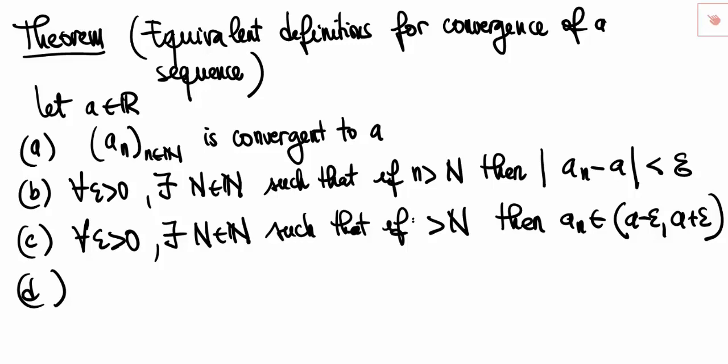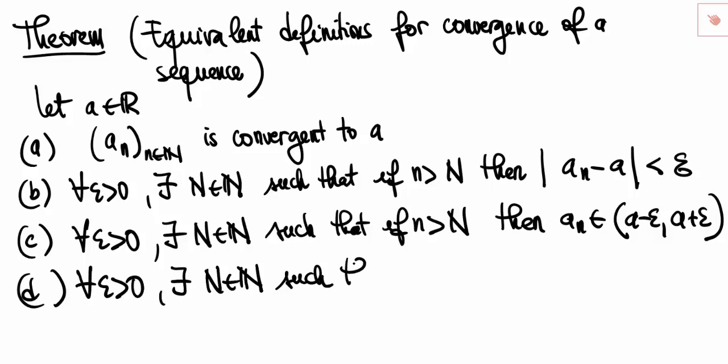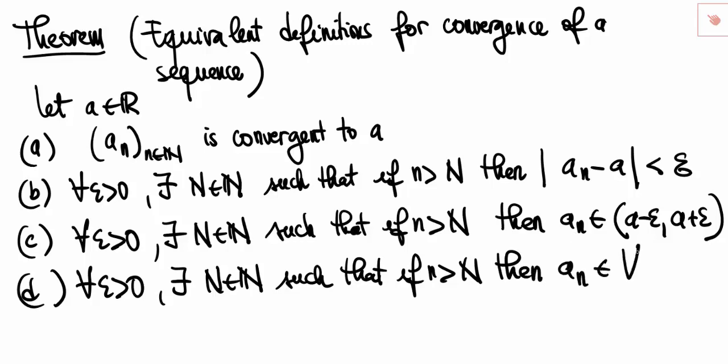It should be natural number here. And finally, for every epsilon which is greater than 0, there exists a natural number N such that if little n is bigger than capital N, then the nth term of our sequence is in the epsilon neighborhood of A.